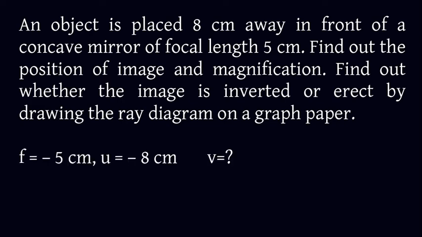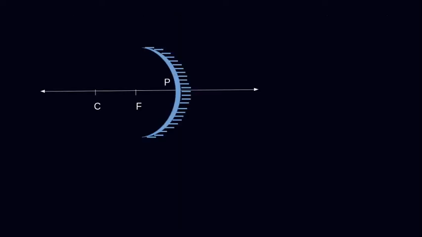Now f is equal to minus 5 centimeter, u is equal to minus 8 centimeter, and we want to find out v. Using this diagram you can see that the object is placed in between c and f, and image is formed beyond c.